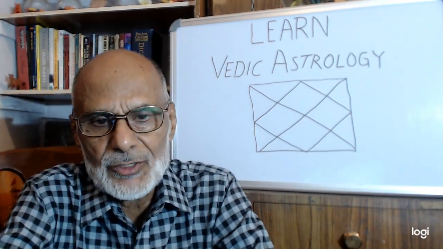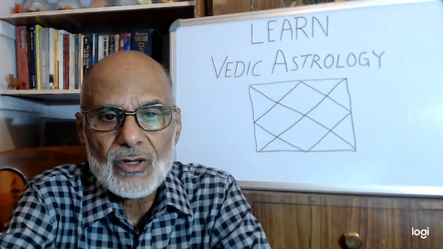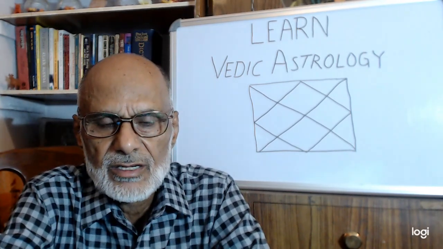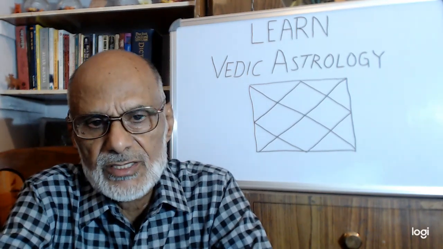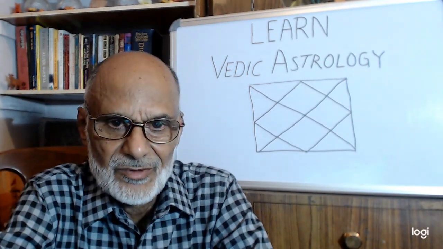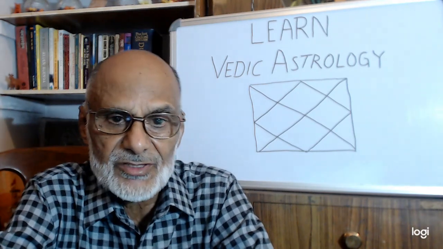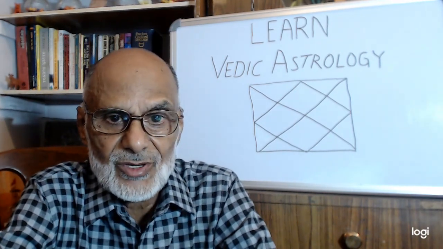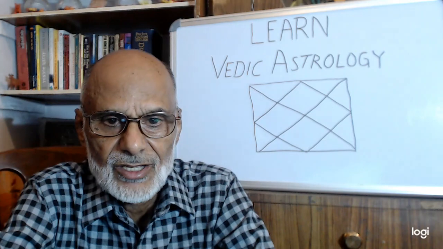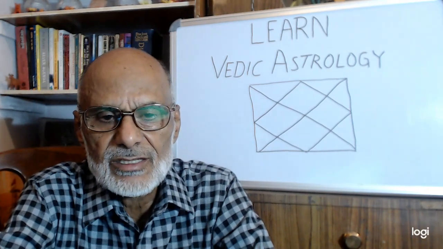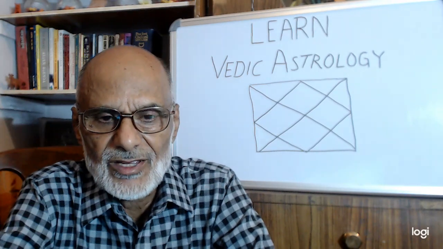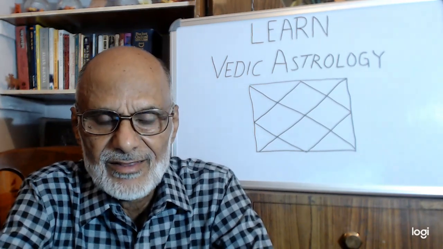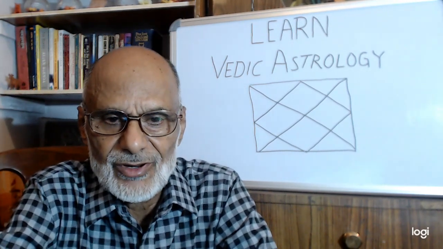Now let me tell you, the word astrology in English doesn't convey much as far as the meaning is concerned. But the Sanskrit word for astrology is Jyotish. Now Jyot means light, flame. If a lamp is burning, then it is called a Jyot or a flame.